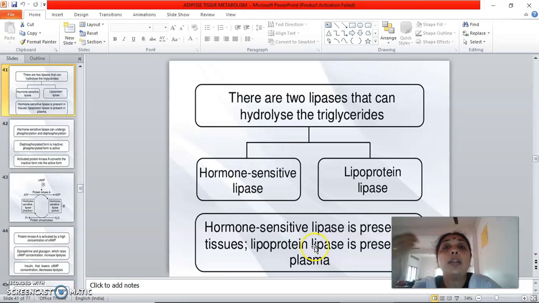So how can these fats coming through the dietary sources be transported to the liver? It's only with the help of protein molecules, right? So only with the help of proteins, the fats in the intestine can be taken into the liver. And those proteins which are responsible for transporting fats after digestion and absorption in the intestine into the liver are known as lipoproteins.